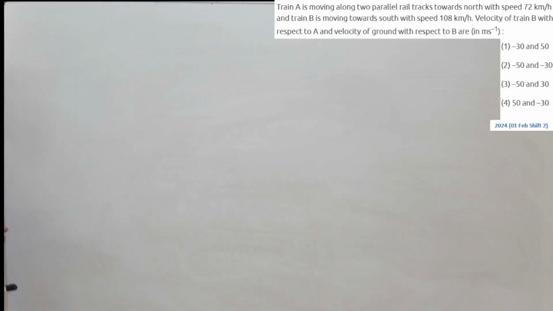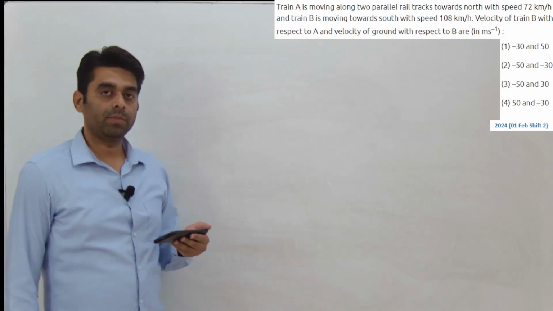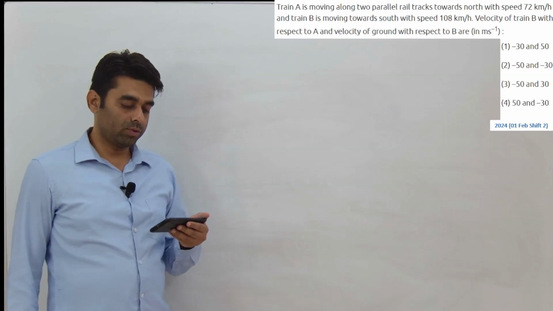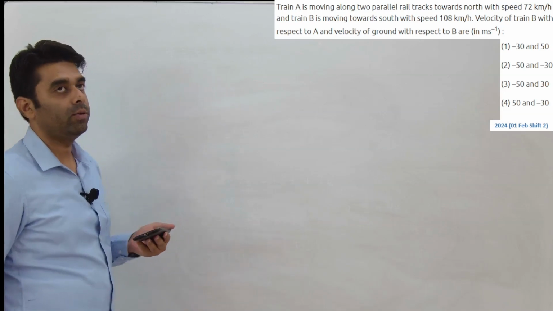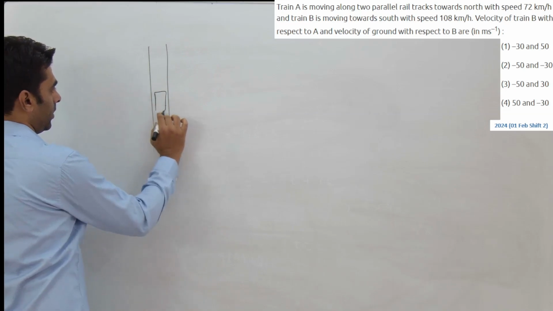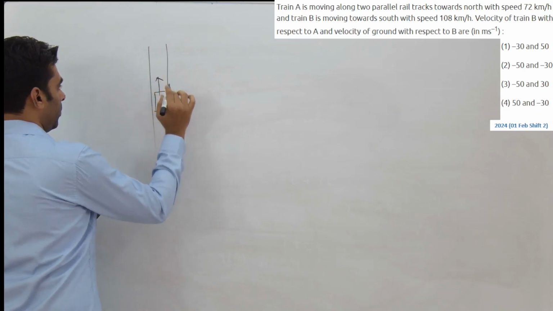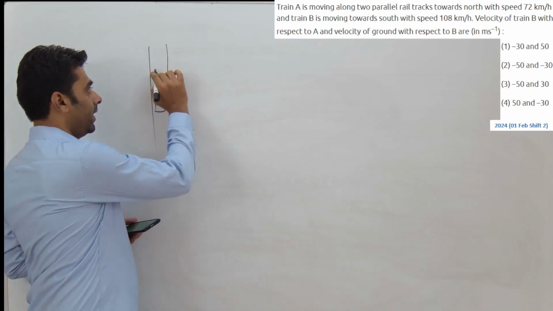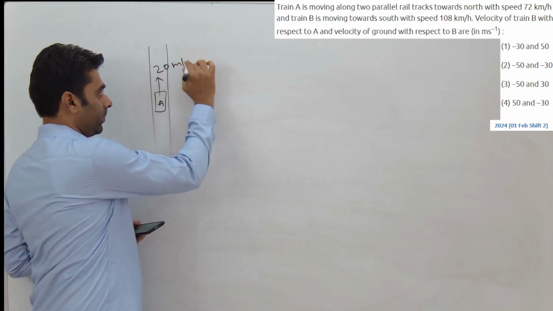So the question we have is, train A is moving along 2 parallel rail tracks towards north with speed 72 km per hour. Let's draw the situation. A train moving with 72 km per hour. That means, can I write it directly? It is 20 meter per second.